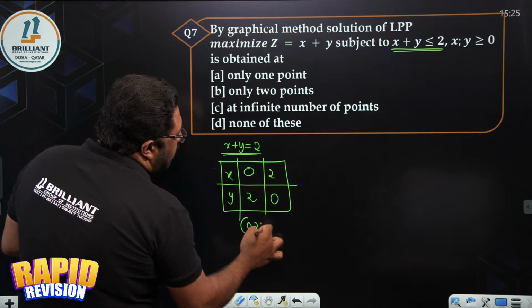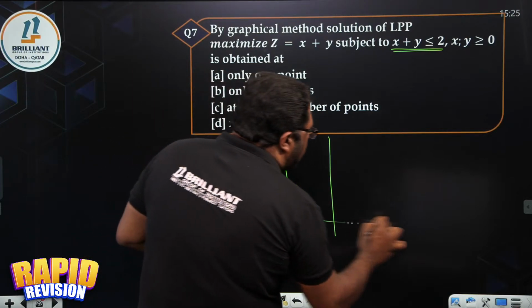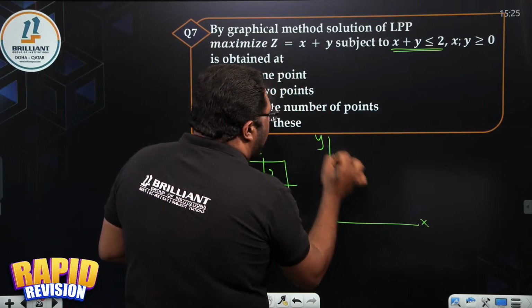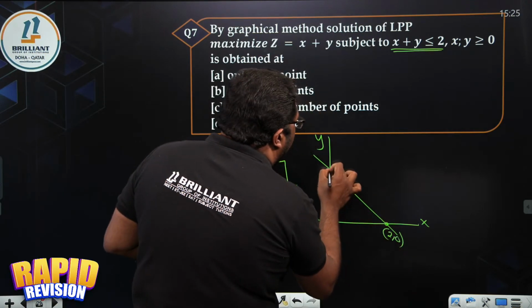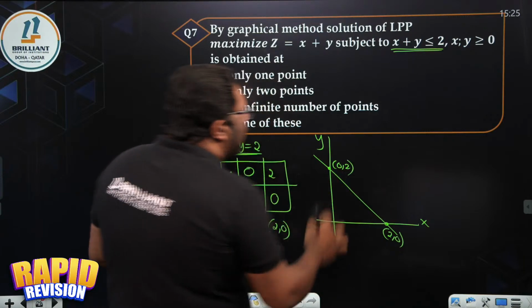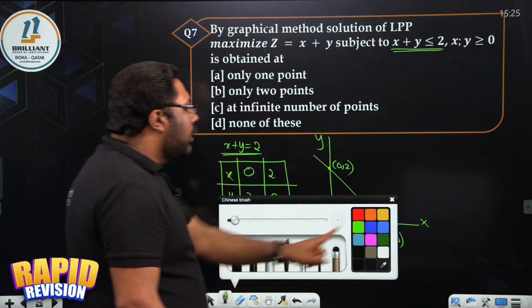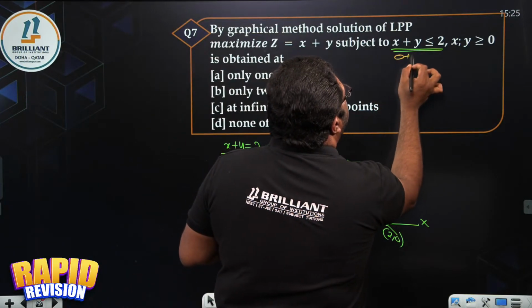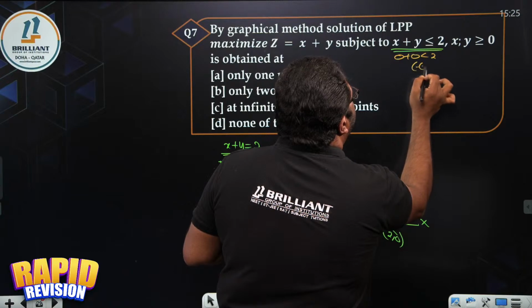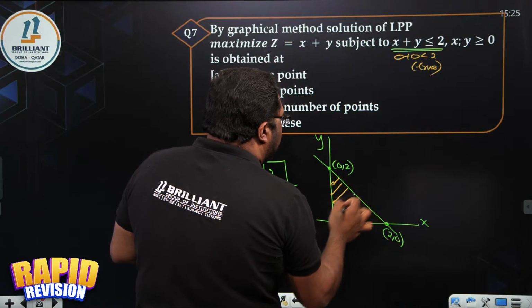Now should I shade below this line or above this line? If I check the constraint, 0 plus 0 less than 2 is true. So the origin is on the true side. So this is my diagram.